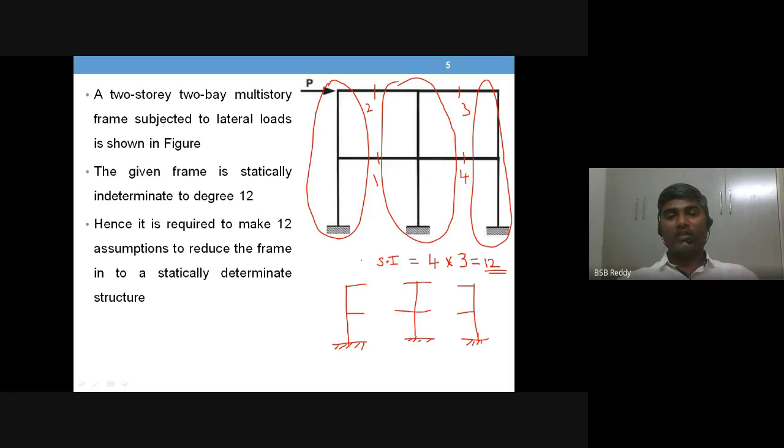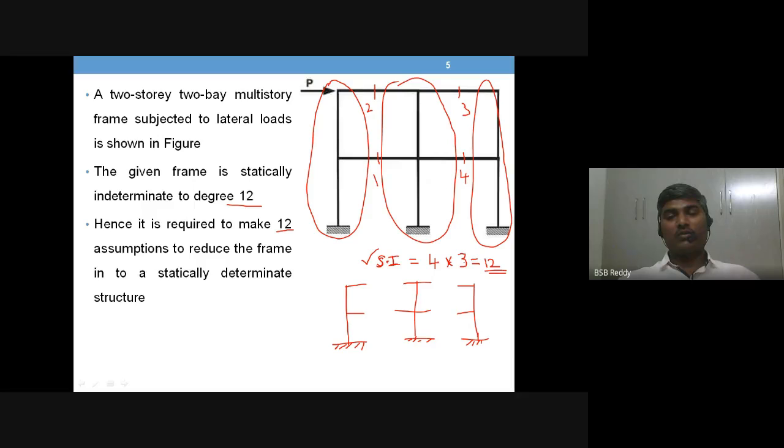So static indeterminacy is 12. That is what is mentioned here: the given frame is statically indeterminate to degree 12. Hence you need 12 additional equations to solve this structure.